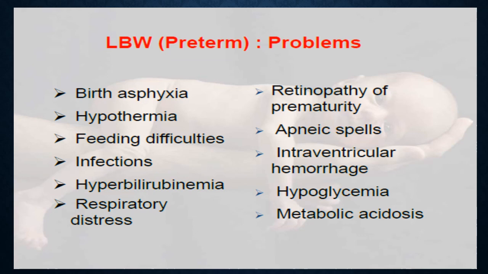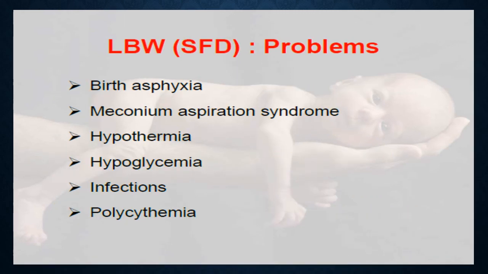There are a lot of problems that should be taken into consideration while putting a management plan for low birth weight. For small for dates, it's a little bit better prognosis, but again, they have some specific problems, like birth asphyxia, meconium aspiration syndrome, hypothermia, hypoglycemia, infections, and polycythemia.